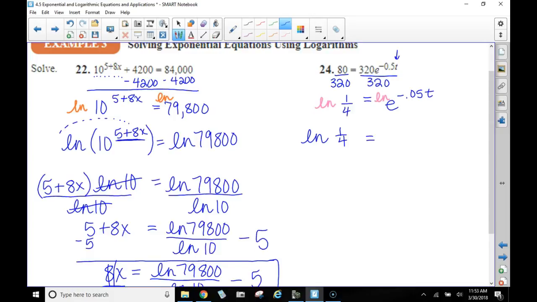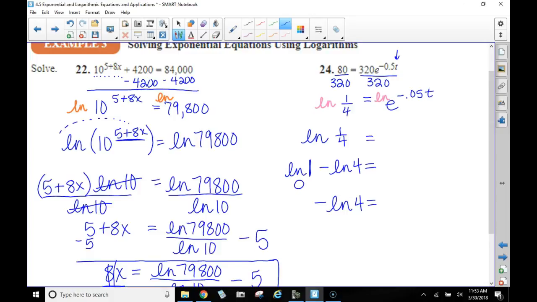This is the same thing as the natural log of 1 minus the natural log of 4. Recall that the log of an argument of 1, with any base, is just 0. So 0 minus the natural log of 4 is just negative natural log of 4.